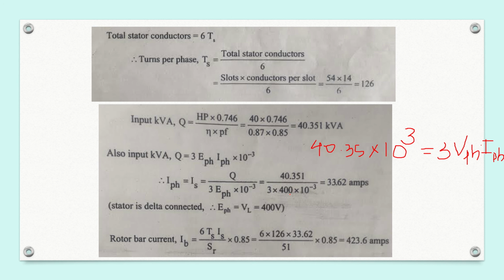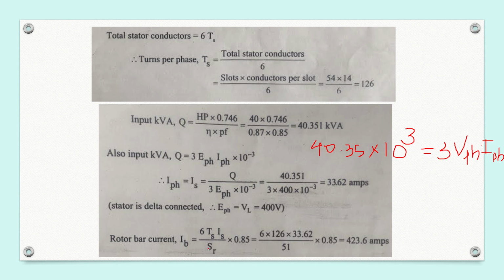Here it is given that the stator is delta connected, hence line voltage and phase voltage are the same. So we can substitute 400 here. Okay, so we will get the value of stator current per phase as 33.62 amperes, which is the stator current per phase IS. So we got the values of 6TS and IS.